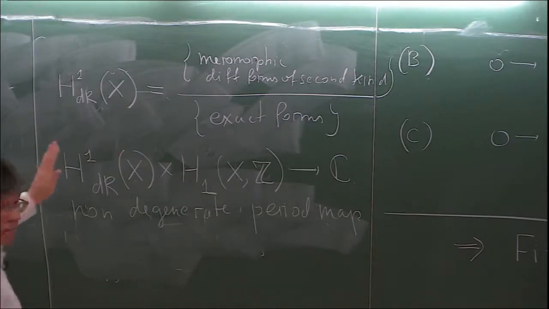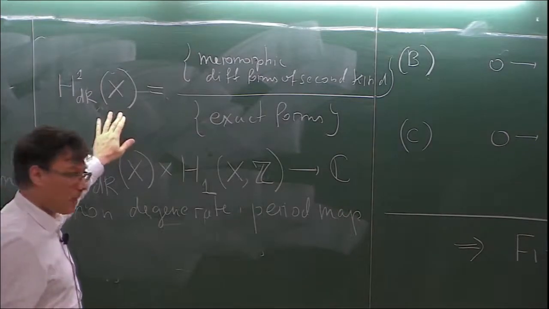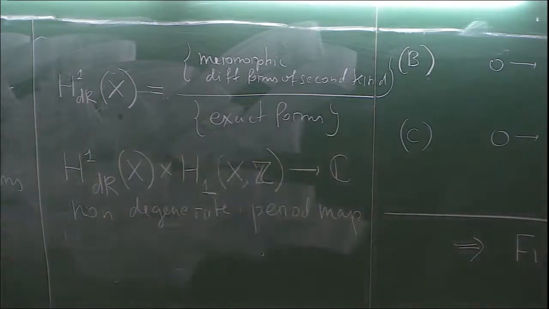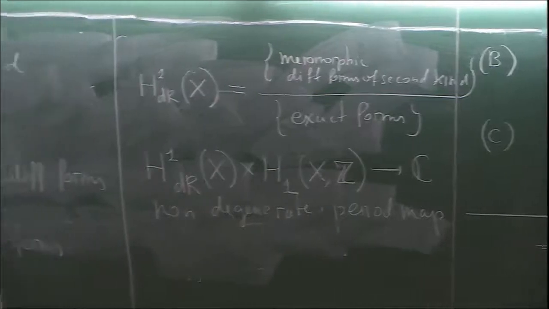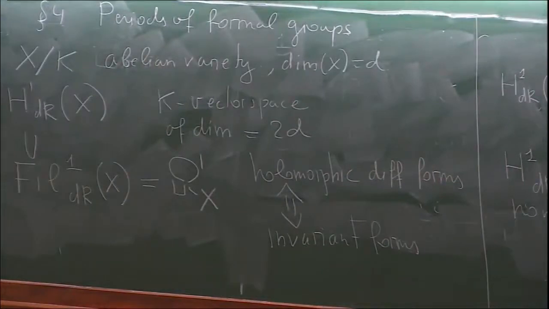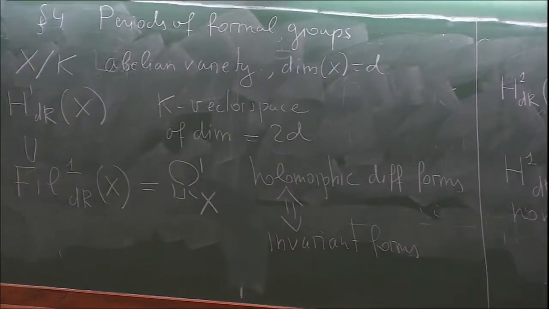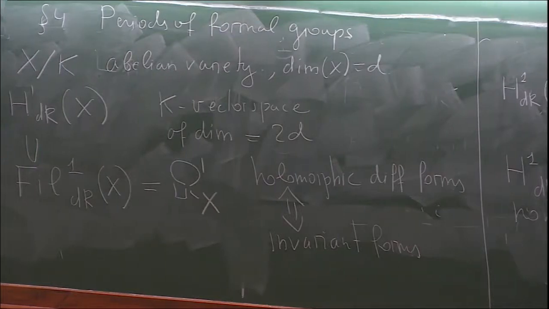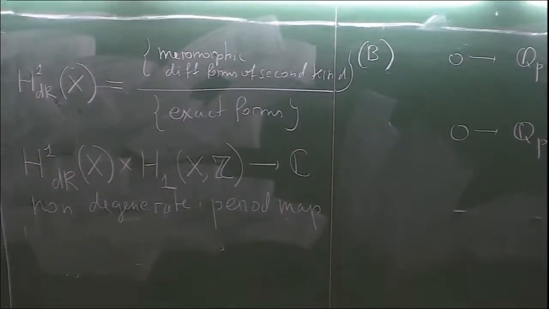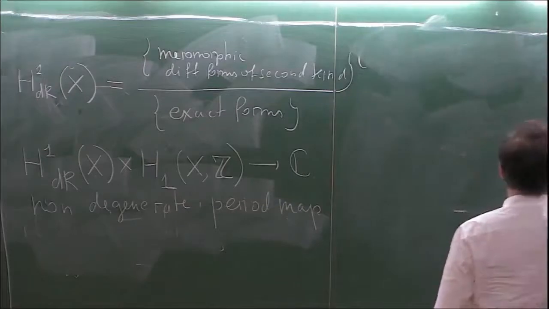So we consider X as a complex variety. Maybe it is useful to remark that we consider everything over K rather than over C. It's not so important, but it's nicer to see these objects over K. But we want to find a p-adic analog of this pairing in the context of formal groups.